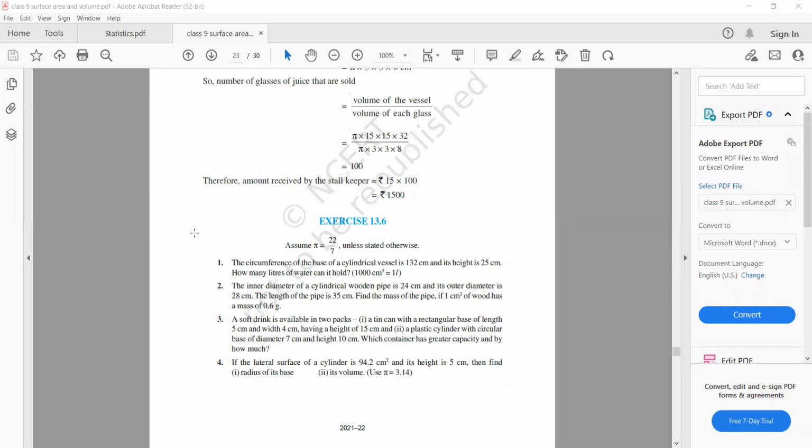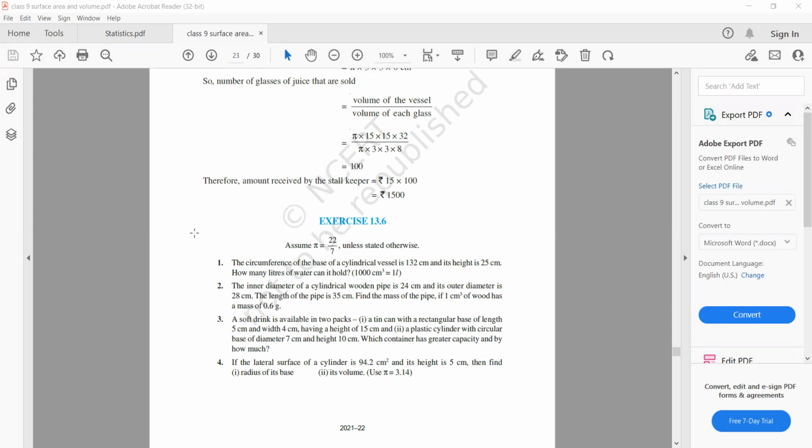Okay. Now this is pi. So if I open it, it becomes 132 into 132 divided by 2 into 2, 4. And then you have pi square, right? And into 25. So 1 pi you can cancel.